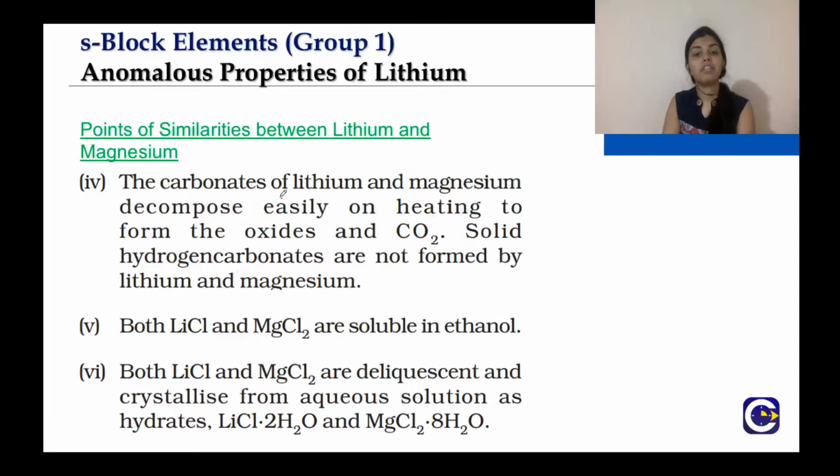Now, the carbonates of lithium and magnesium decompose easily, as we have already seen, right, to give oxides and CO2. And also we have learned that lithium hydrogen carbonate and similarly magnesium hydrogen carbonate, which are also known as bicarbonates, do not exist in solid form. Both lithium chloride and magnesium chloride are soluble in ethanol.